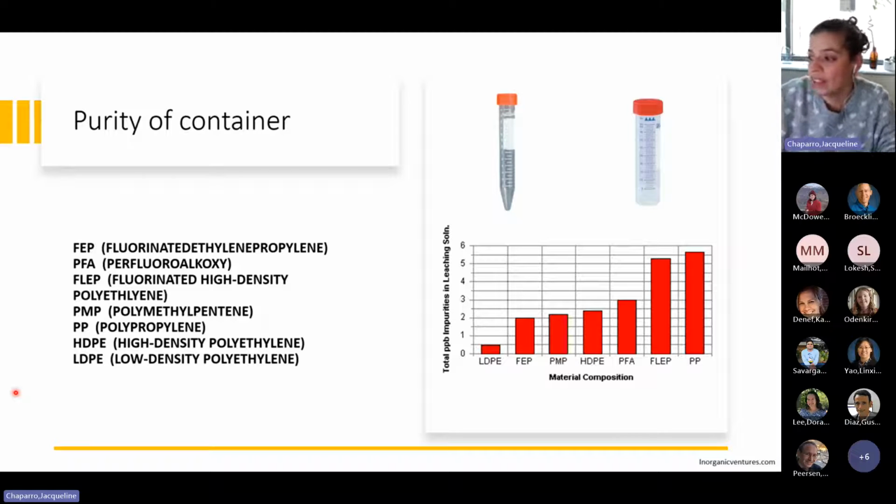You can see that low density polyethylene is probably the best type of container to use with respect to impurities, and that increases with the different tubes that you have. But knowing from our experience, we have specific tubes that we tend to recommend for people to use to avoid some of these issues.